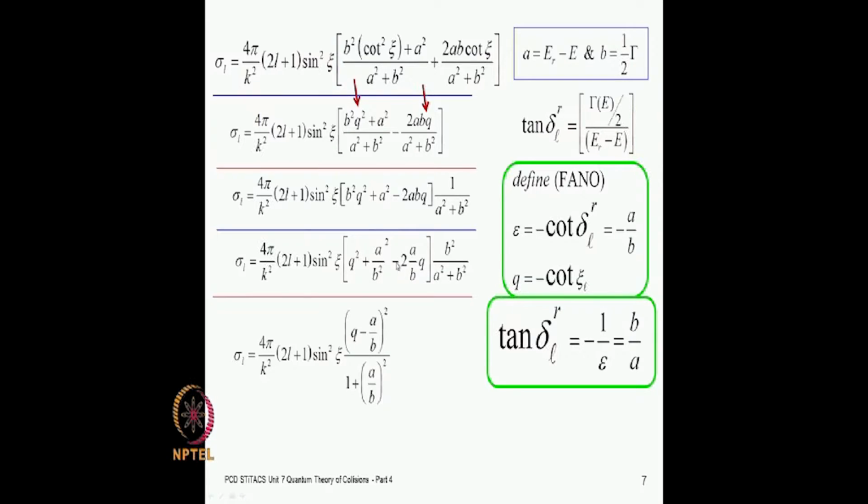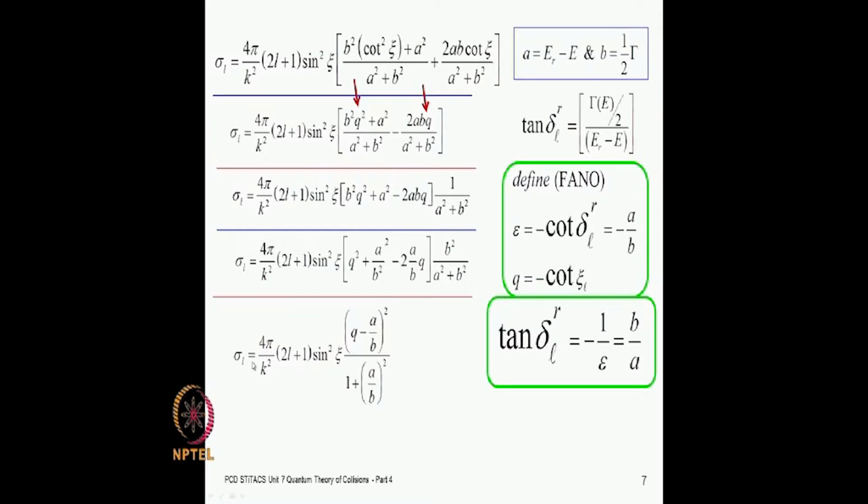And what is this? This is nothing but the square of q minus a over b, but a over b is nothing but the negative of epsilon.